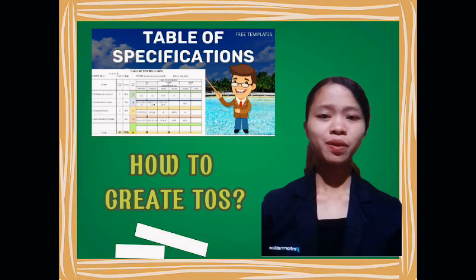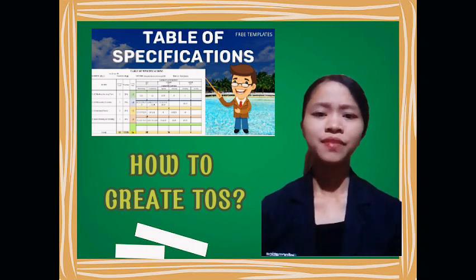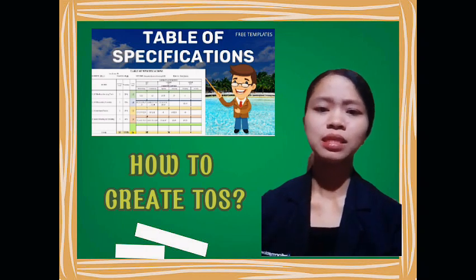Aside from that, in our Assessment in Learning 1, we also discussed the table of specification, and that includes the guidelines or steps. The steps are: first, select a topic. Second, identify the subtopics to be tested.